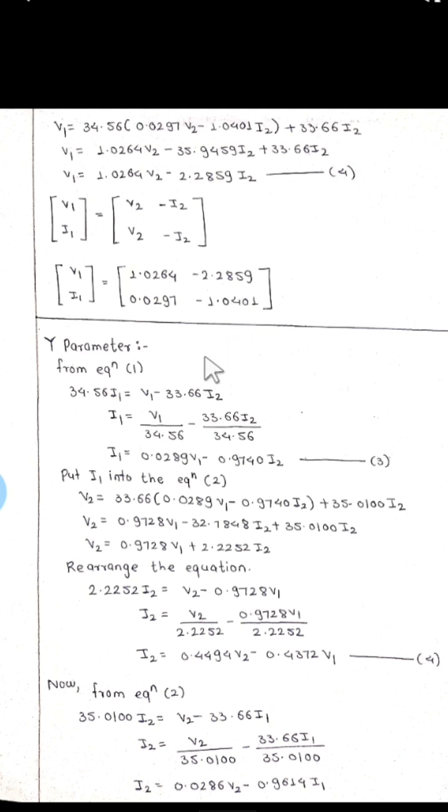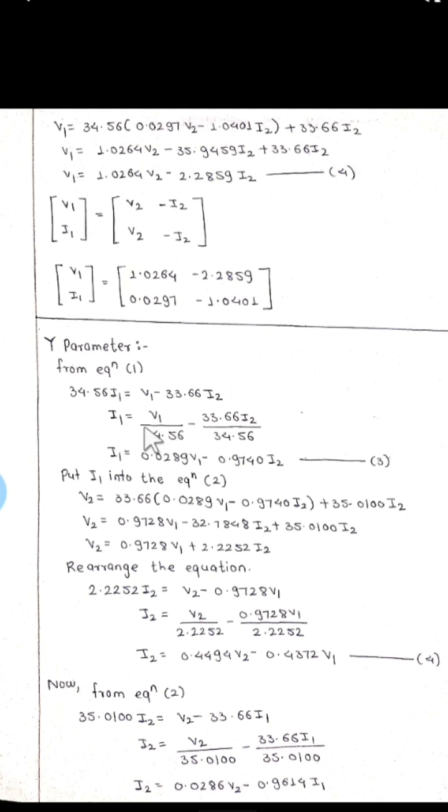Now we see the Y parameter. This is our last parameter. From equation number 1, we find the I1 value. Therefore, we write 34.56 I1 is equal to V1 minus 33.66 I2. We write this equation from equation number 1. Here 34.56 is multiplied with the I1.